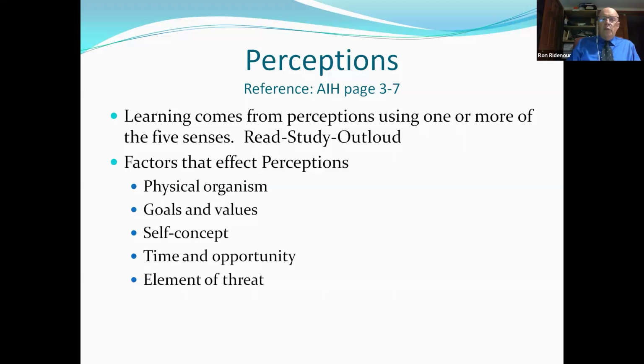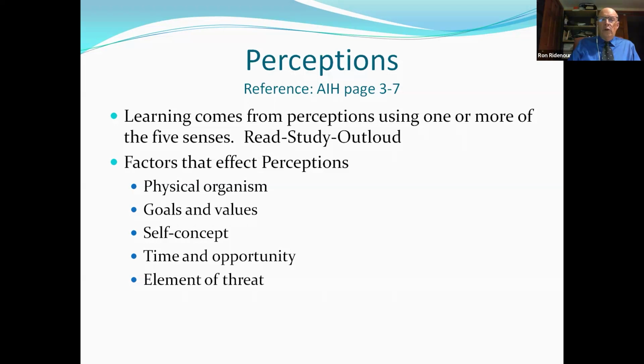So factors that affect your perceptions are, first, your physical organism. What you perceive is based on how you've been brought up and what you've learned over the years that you've been alive. Young people are perhaps a little sharper, as they say, just because they are able to absorb information a little bit more quickly than we are, if they're interested.